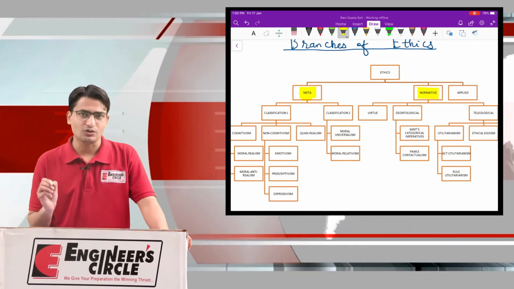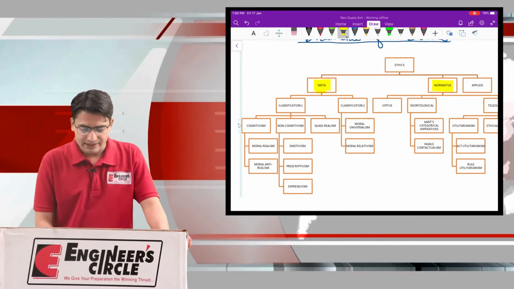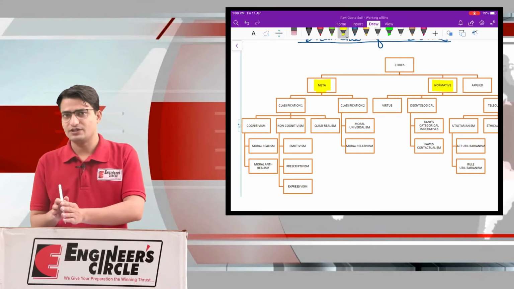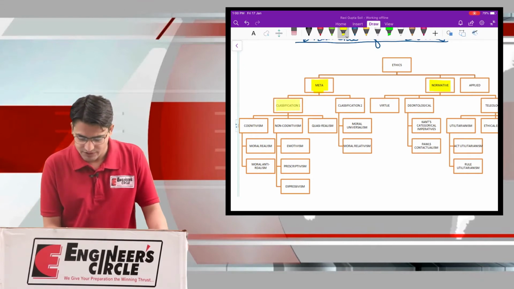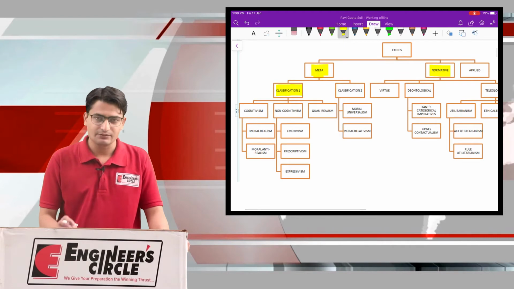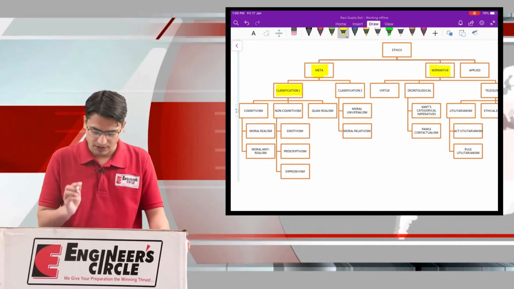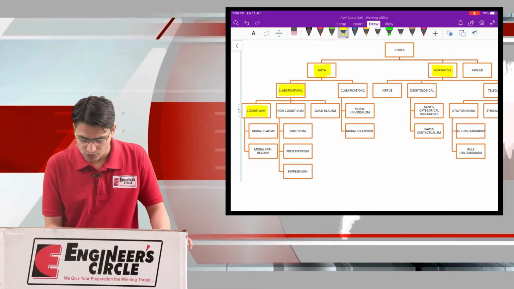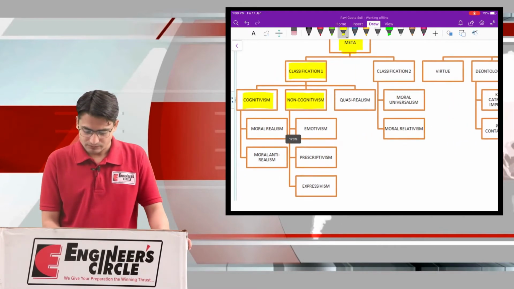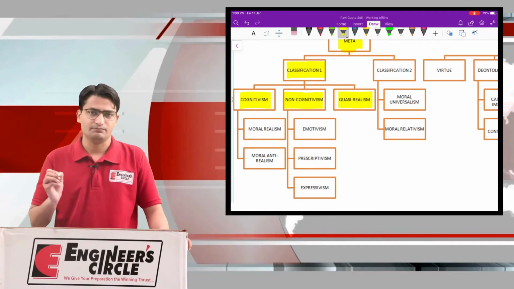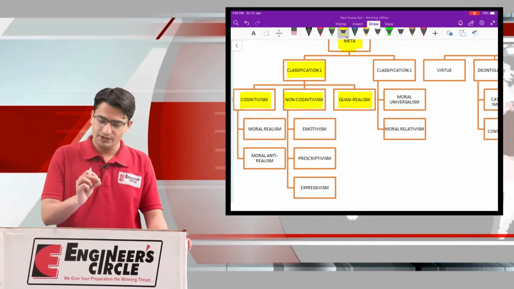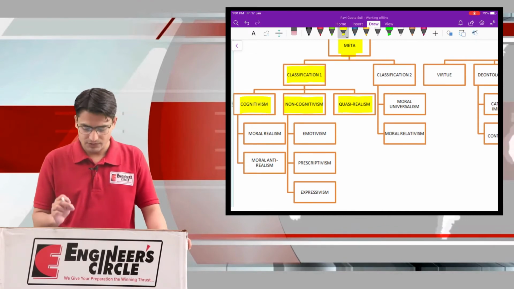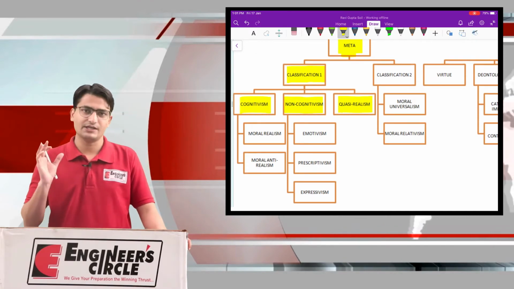So meta and normative. Now, meta ethics can be further classified. There are two bases of classification. If we go by the first basis, then meta ethics can be classified into three parts: cognitivism, non-cognitivism, and quasi-realism.